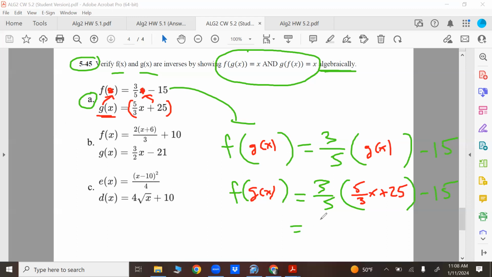Now distribute. I'm taking a little bit long-winded approach because I want to make sure you guys don't mess it up. If I do that, and by the way, let me get a highlighter here so it stands out. I'm not sure it's the best highlighter to use, but we'll go with it.